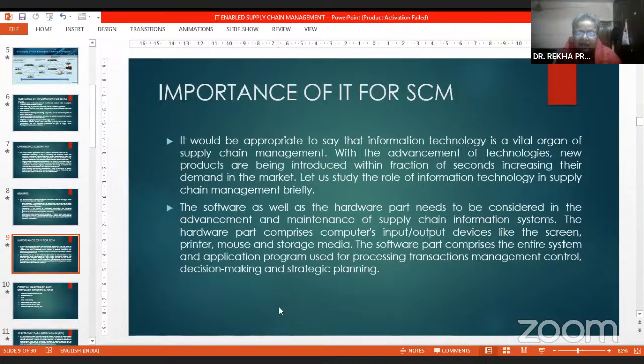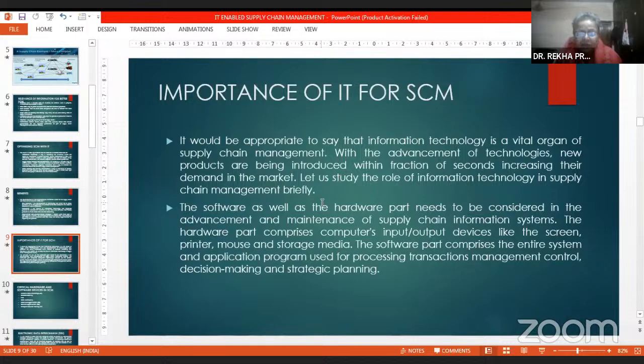So for this, we need both the hardware and the software to run the whole operation. We can say that information technology is a vital organ of supply chain management. With the advancement of technologies, new products are being introduced within fractions of seconds, increasing the demand in the market. Let us study the role of information technology in supply chain management briefly.